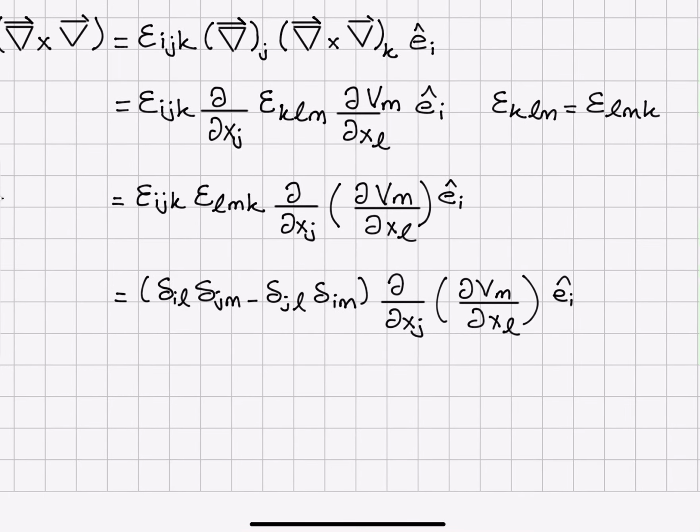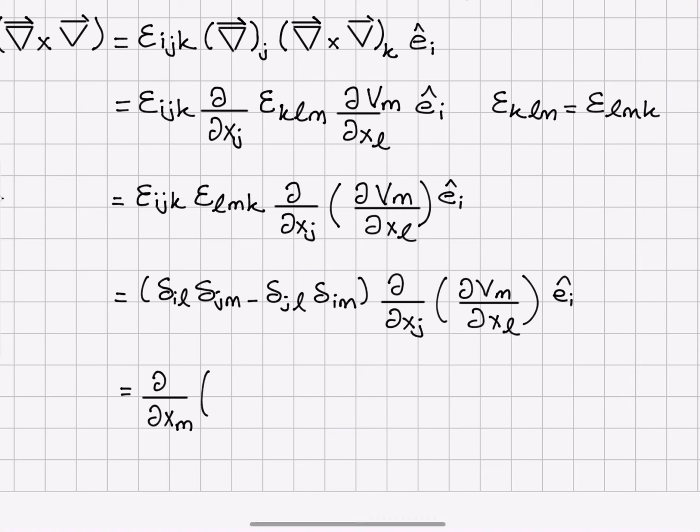And now this is going to dictate that L's are replaced by I. So that's the first term here. So L's replaced by I and J's replaced by M. If J's are replaced by M, del xj will become del xm, partial derivative with respect to xm.